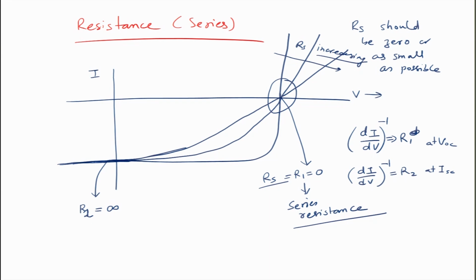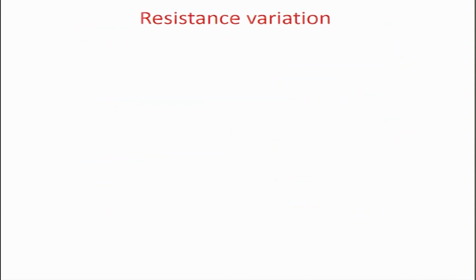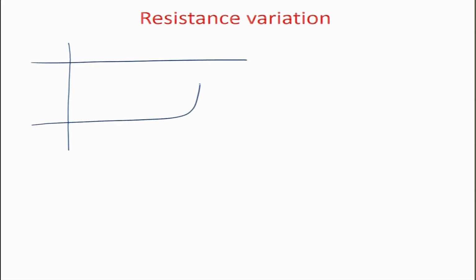If you want to look at the effect of increasing shunt resistance, so the shunt resistance will go in the other way round. So, this is the ideal IV curve you should have, and the shunt resistance variation will be seen here.